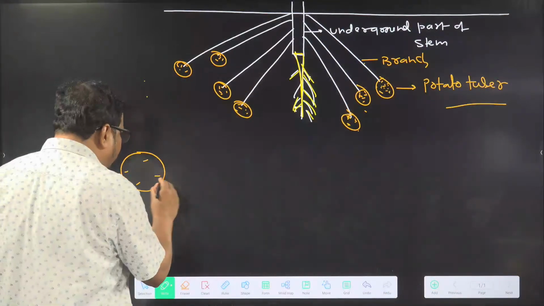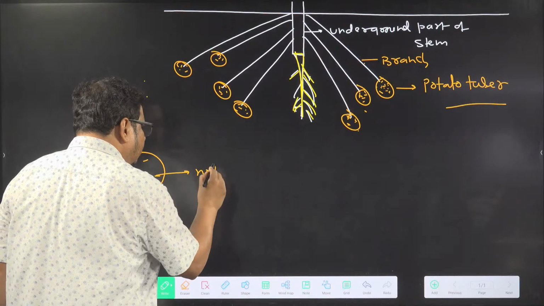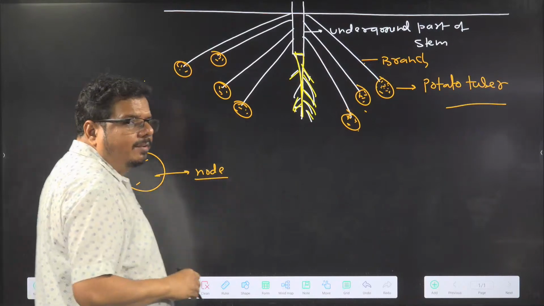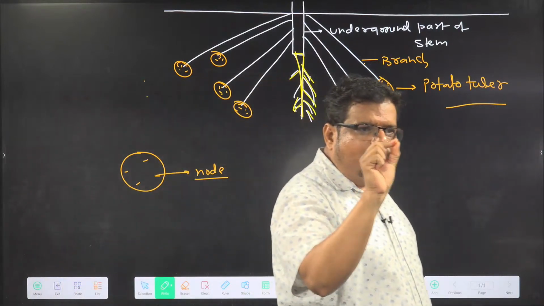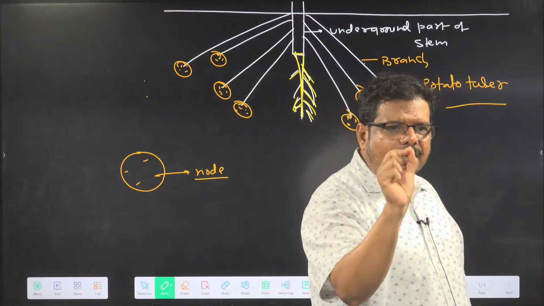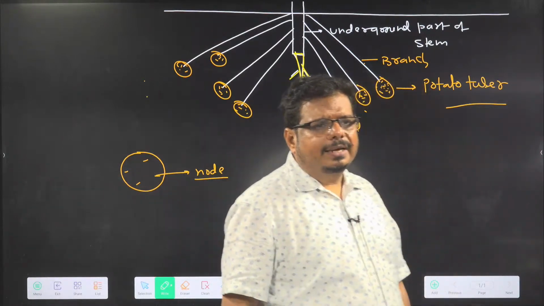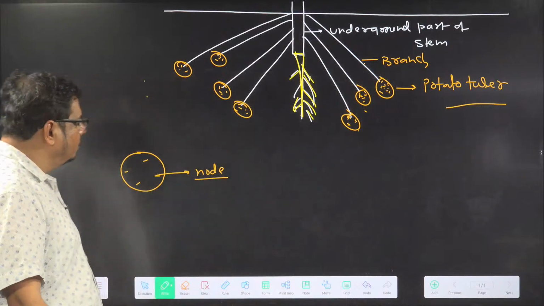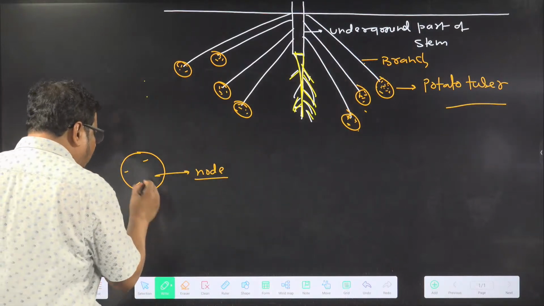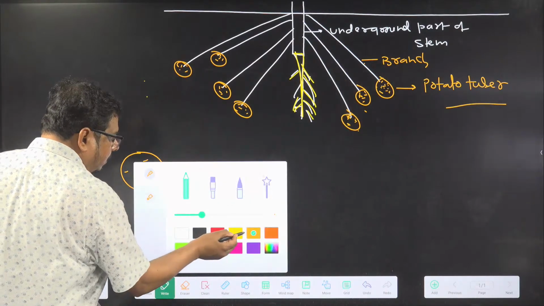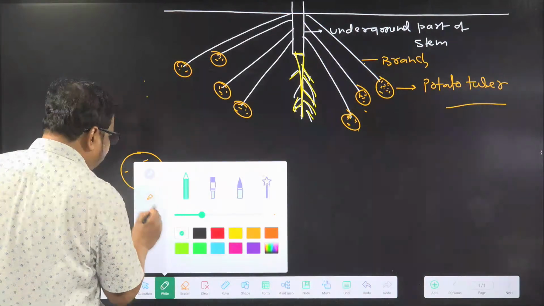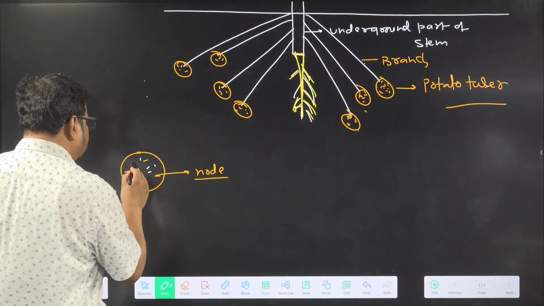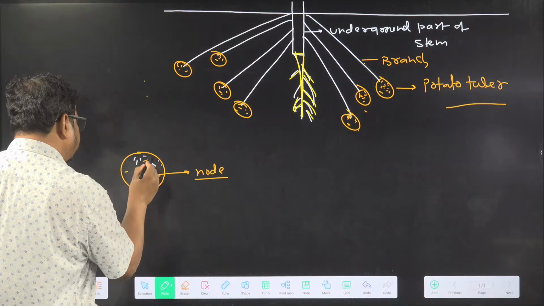So these scars are basically nodes. If potato is available with you right now, you just see it, you will find nodes are there, some scars are there. Got the idea? And between two nodes, what is there? Internode is there. And here a lot of food is stored. Starch is stored.